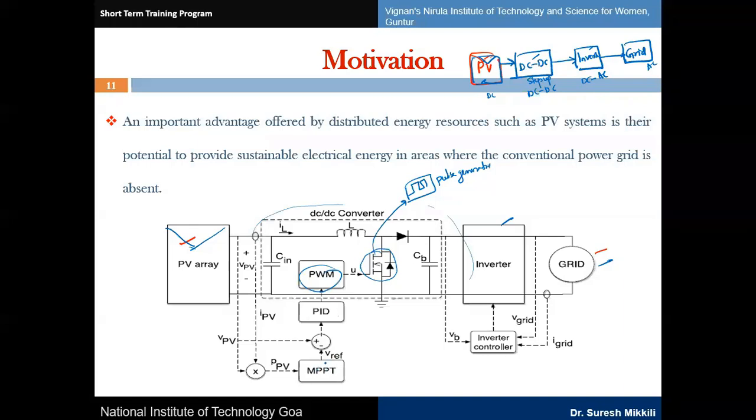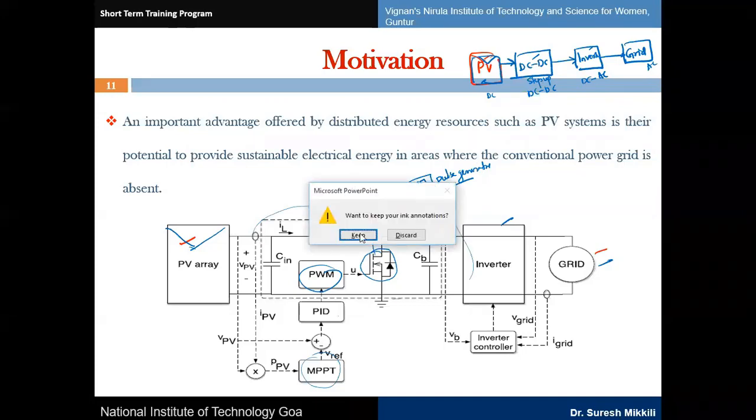Why am I using the MPPT technique here? If I consider uniform irradiance, a normal pulse generator can be considered, but here the pulse generator, I have shown in the second day, if you remember.